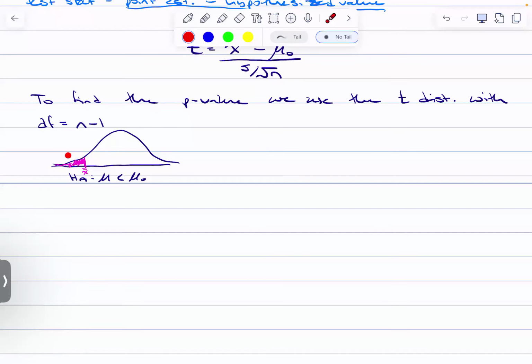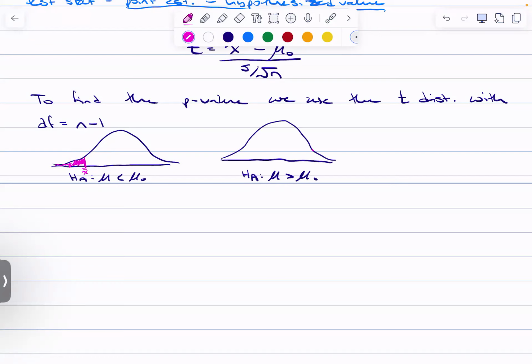So that's how I know it has to be in the lower end. Okay. Versus if my alternative hypothesis is that mu is greater than mu naught, well, then I know that my x bar should probably be above my hypothesized value. And then the p-value, the probability of seeing something as extreme or more extreme, assuming the null hypothesis is true, is going to be in the upper tail.